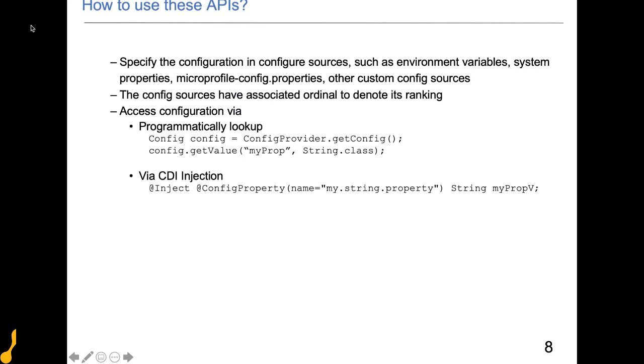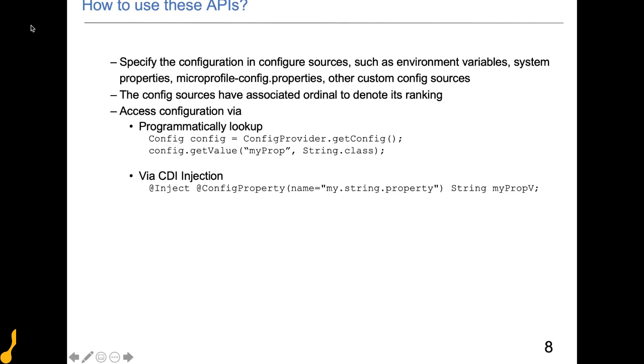The other way is to use CDI injection. If you have CDI enabled, all the config properties can be injected into your microservices. You can do @Inject @ConfigProperty, and you specify which property you want to inject.